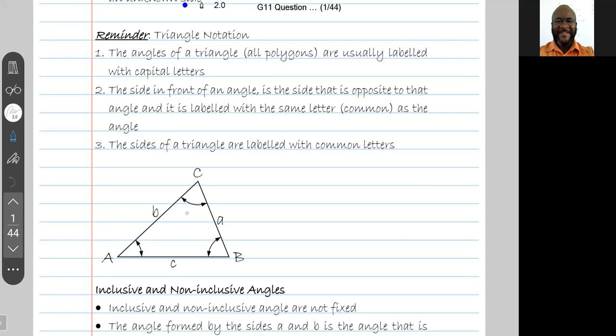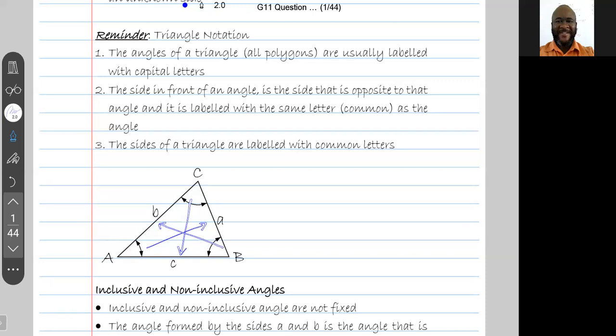So the side in front of the angle C is the side common C. The side in front of the angle A is the side that is opposite to the angle A, and it is labeled common A. The side in front of the angle B is the side opposite to the angle B, and it is labeled common B.